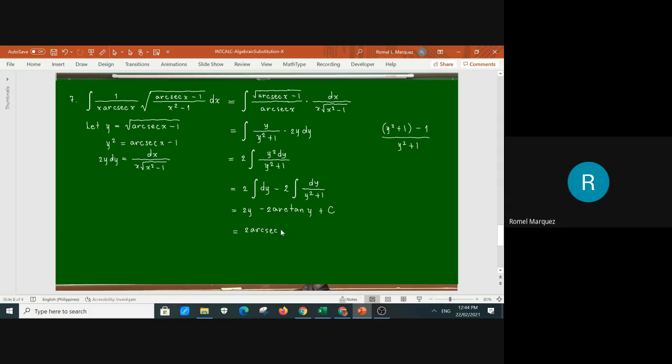Arcsecant of x, square root of arcsecant of x minus 1, minus 2 arctangent of square root of arcsecant of x minus 1, then plus c.